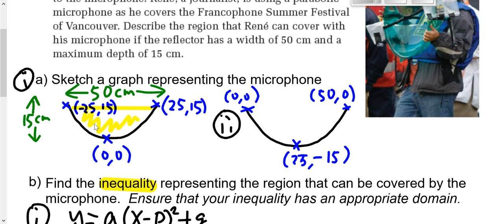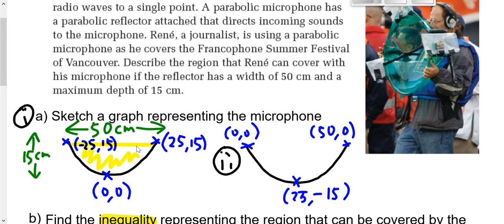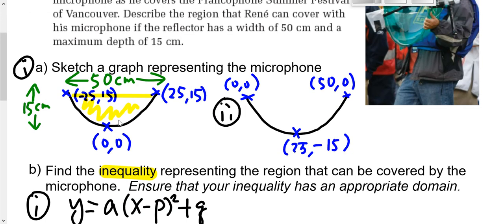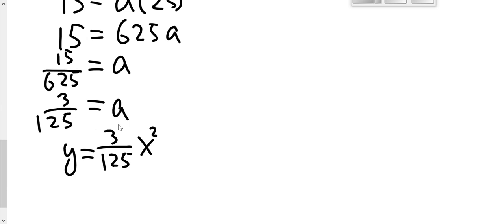This region is above the graph, this is below, so above means greater than or greater than or equal to. In this case, if you use common sense, I cannot have a pitted microphone reflector, so this must be a solid line, so therefore I have greater than or equal to.